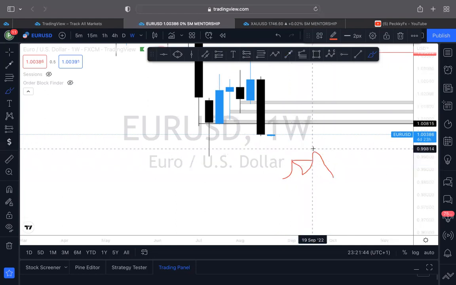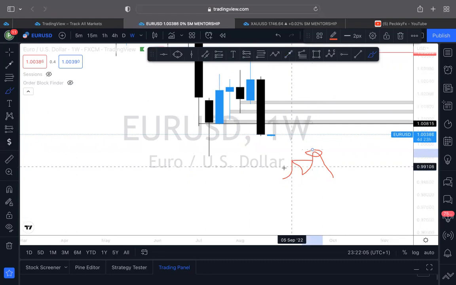Then I jump in, waiting for the market to create my entries during my trading time, which is the overlap New York session. That's when I look for my entries. I don't look for entries any other time. Whatever the market wants to do, it can do during London session. I'm not interested. I just want to wait for the overlap to give me those moves.